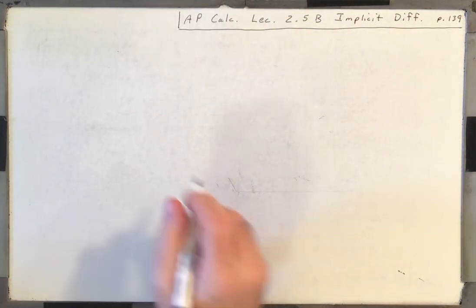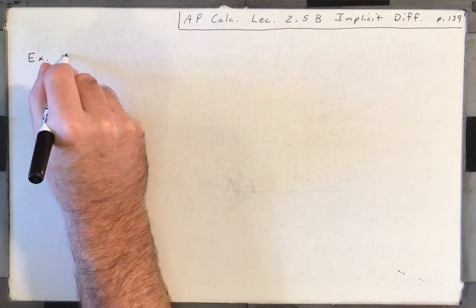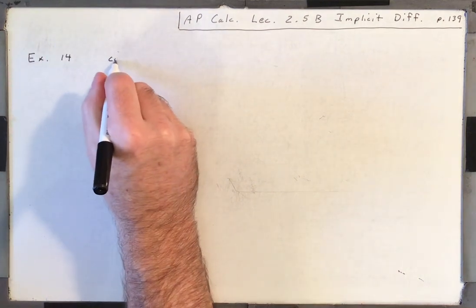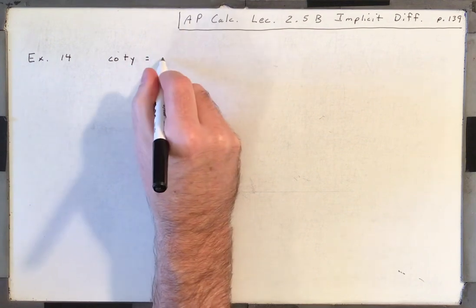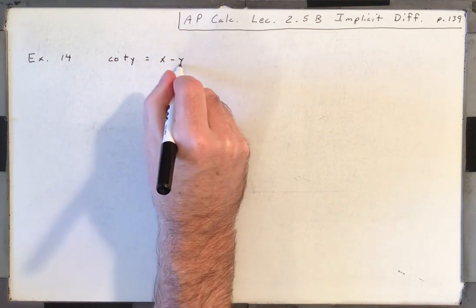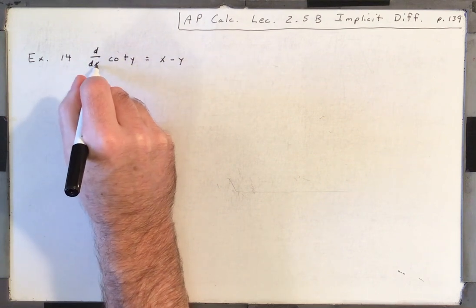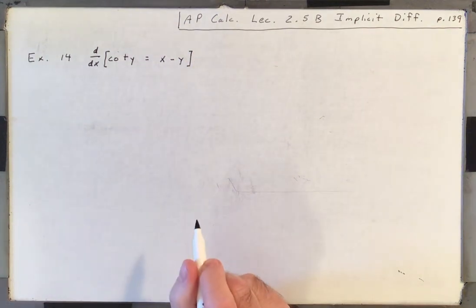Okay, the next example is 14. And that one we have cotangent y is equal to x minus y. And I'll go ahead and skip writing it again. We're going to take the derivative with respect to x of that.